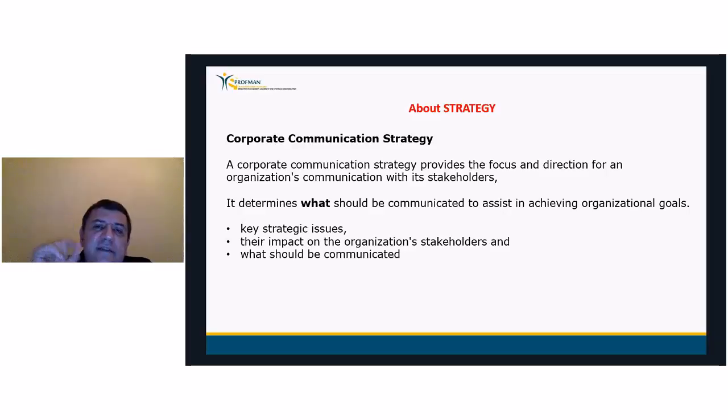All this is derived from identifying key strategic issues, determining their impact on the organization's stakeholders, and determining what should be communicated to solve the problem and to capitalize on the opportunities.